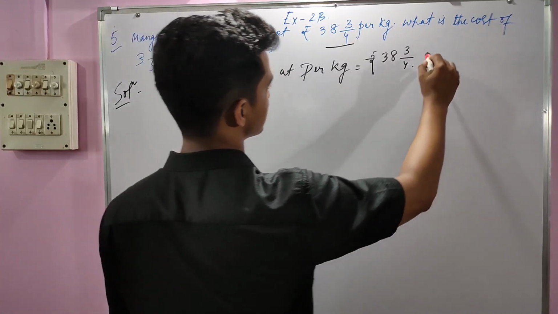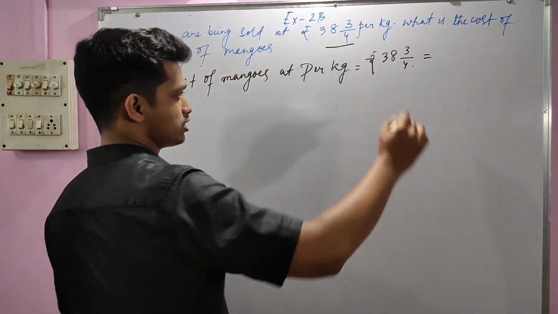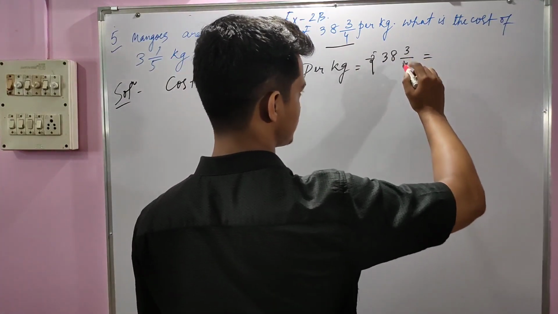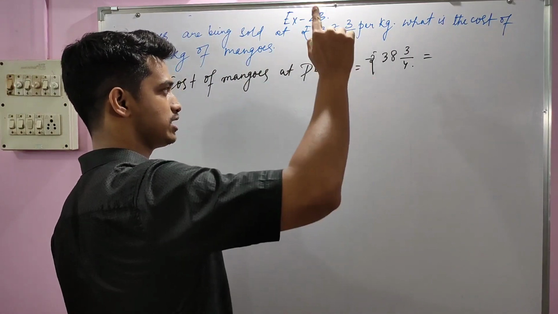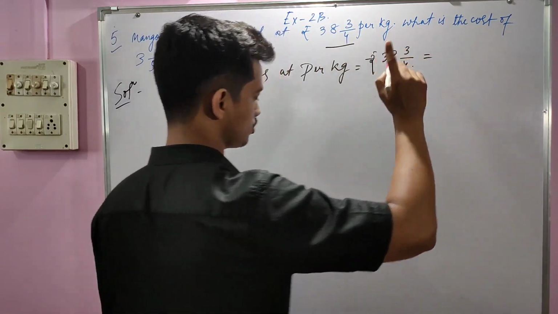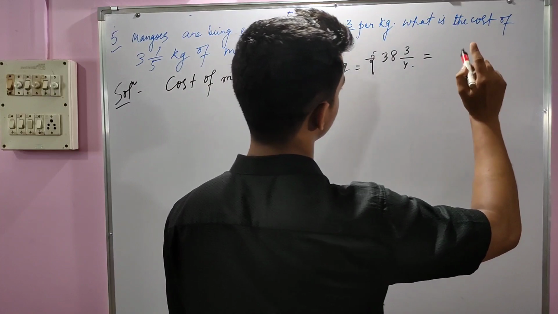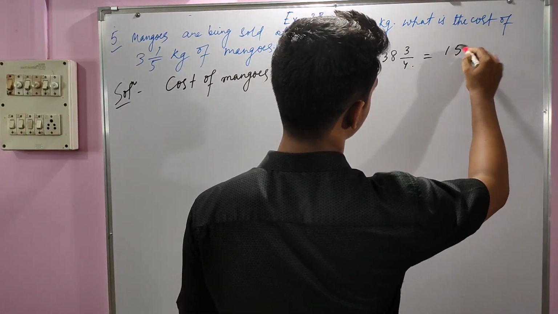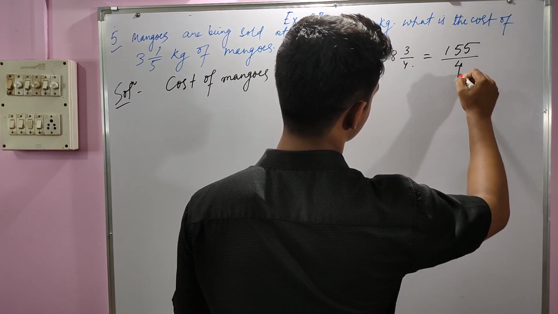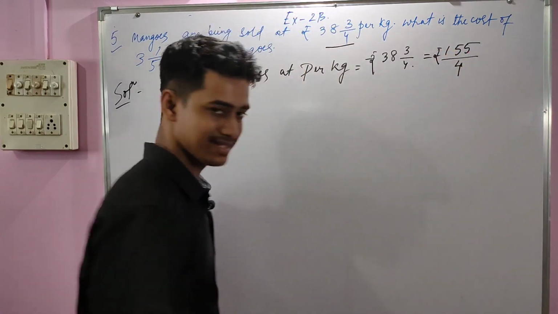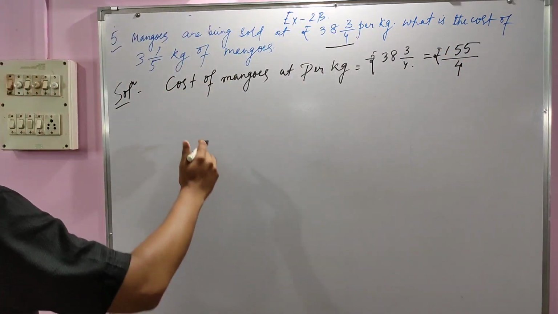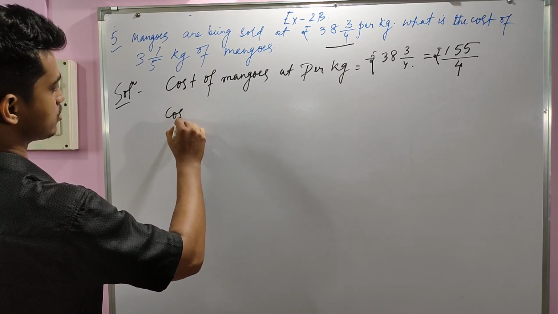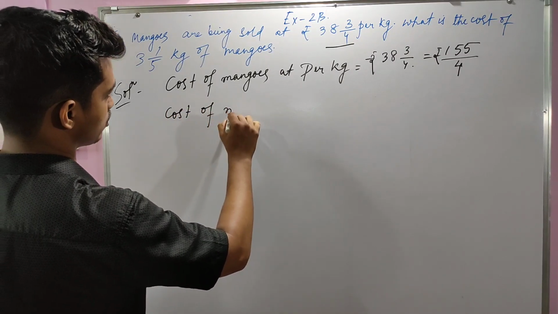So which is basically 4 into 8 is 32, 2 carry 3, 4 into 3 is 12, 12 plus 3 is 15. So 152 plus 3 is 155/4 rupees basically, right?